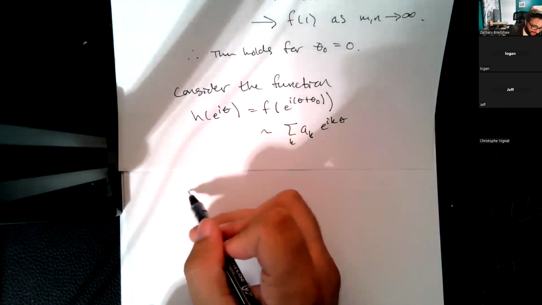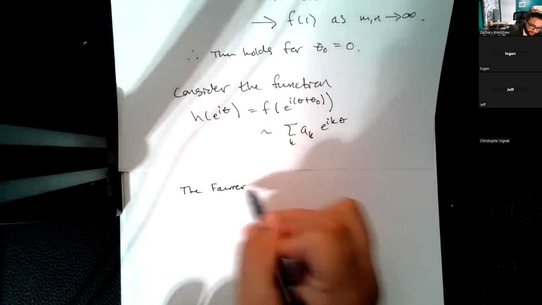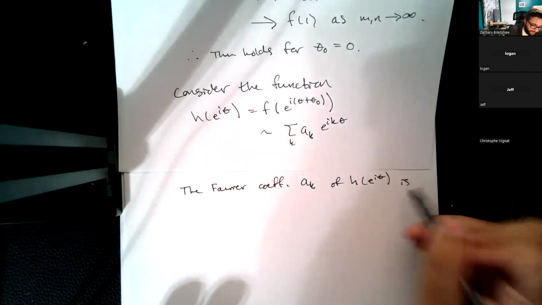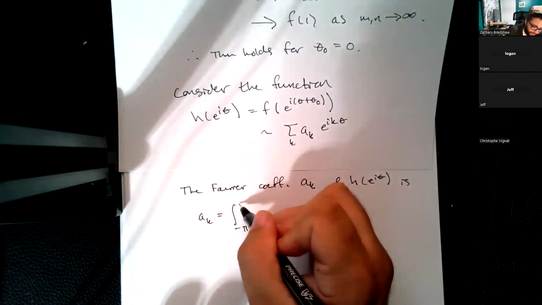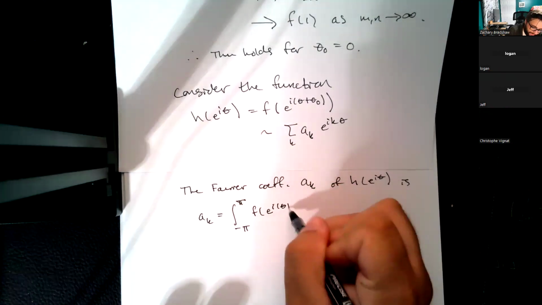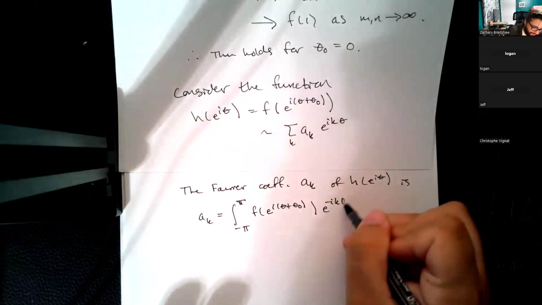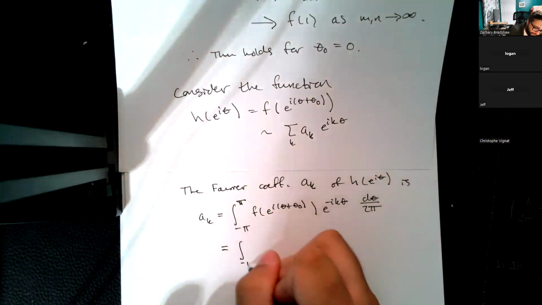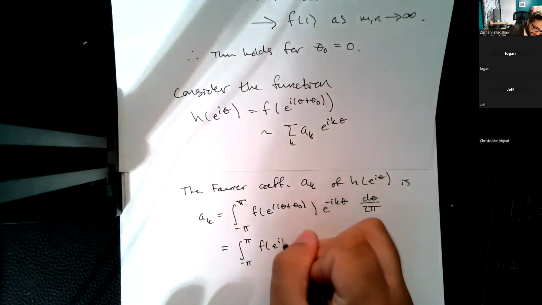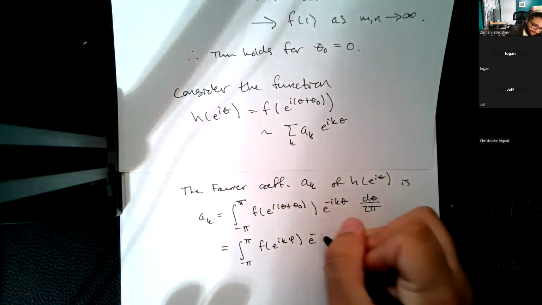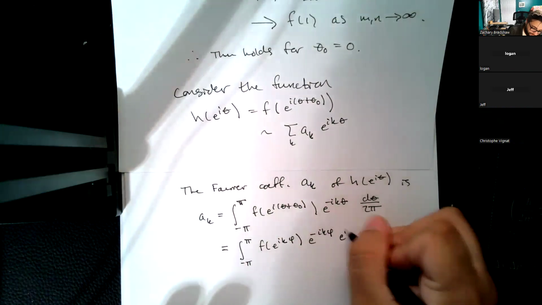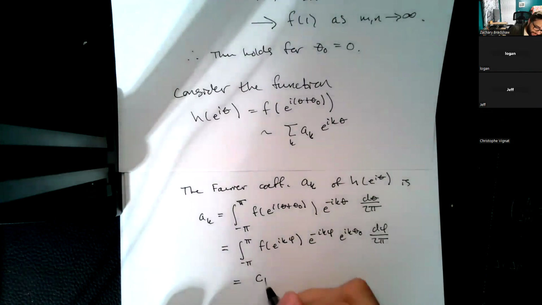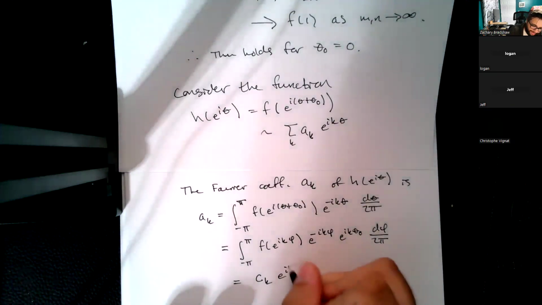The Fourier coefficient ak of h of e to the I theta is ak equals the integral from minus pi to pi of f of e to the I theta plus theta naught e to the minus I k theta d theta over 2 pi, which is equivalent, doing a change of variables, to the integral from minus pi to pi of f of e to the I phi, times e to the minus I k phi, which itself is the Fourier coefficient ck times e to the I k theta naught.